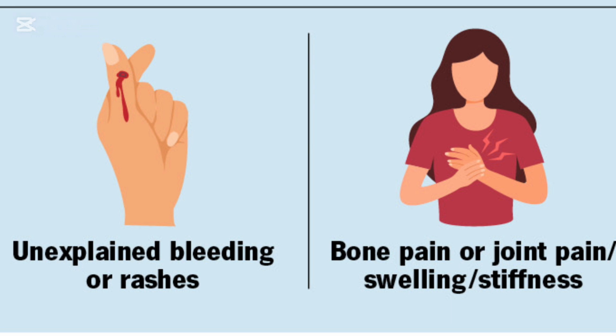overlap syndrome. In overlap syndrome, anti-U1 RNP may not be very high, but you will have the RA, rheumatoid arthritis, antibody testing positive, and SLE antibody testing positive. So it is lupus.